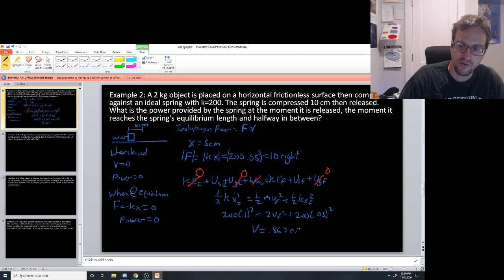And this is also to the right. Right, so that's important because now we have this force dot velocity thing going. So the instantaneous power is going to be the absolute value of 10 times the absolute value of 0.867 times cosine of 0, which is 8.67. And the unit for that is watts. I don't think we necessarily talked about the unit, but that's the unit for it, okay?